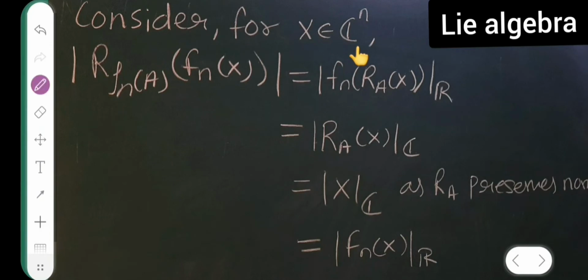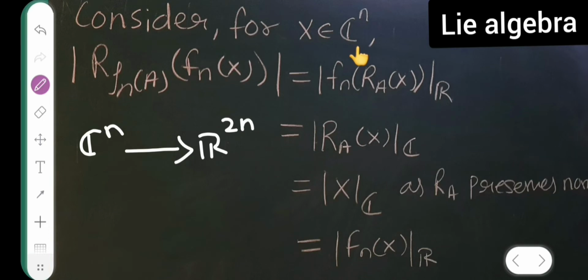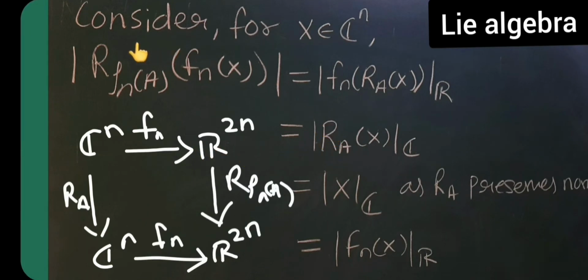Let me draw the diagram over here roughly to show you all. Cn, this is my R2n. This is again my Cn. So consider x belonging to Cn.